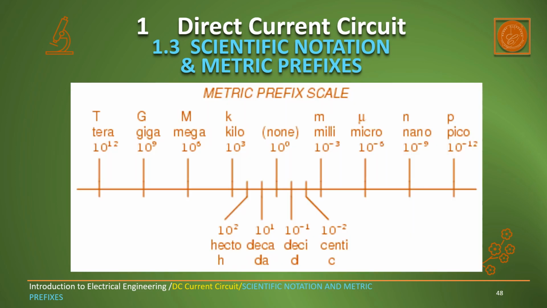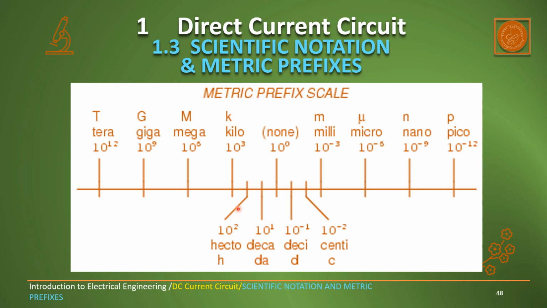This is the metrical prefix scale table. In this point, it means 10 power 0. From this point, go to left. This means 10 power 1. We call deca, DA.